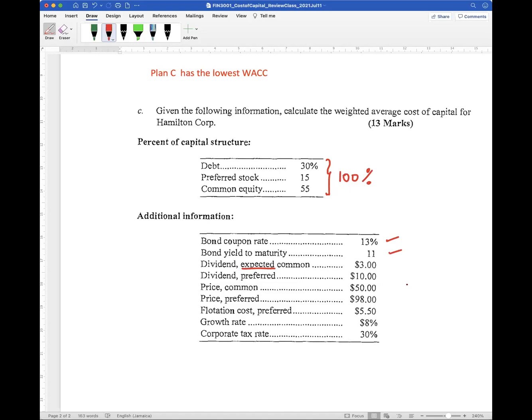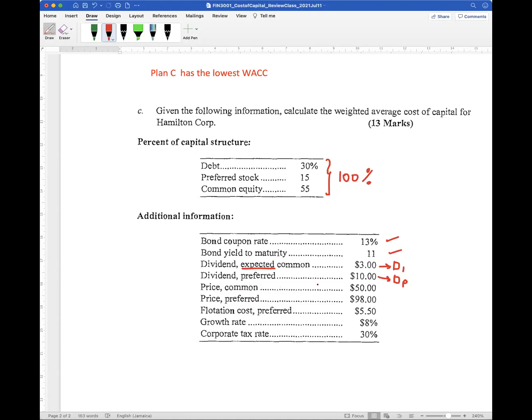D1, because if it's expected, that means it hasn't come yet. We have to look out for these words, because once you talk about common stock, it's important to decipher whether you have gotten D0 or D1.